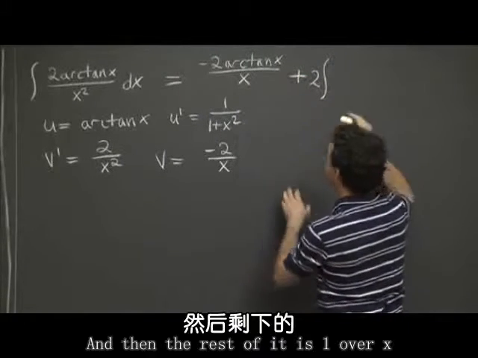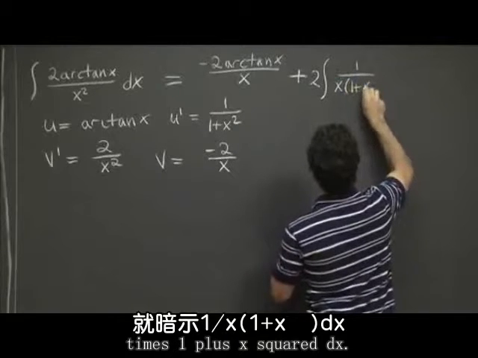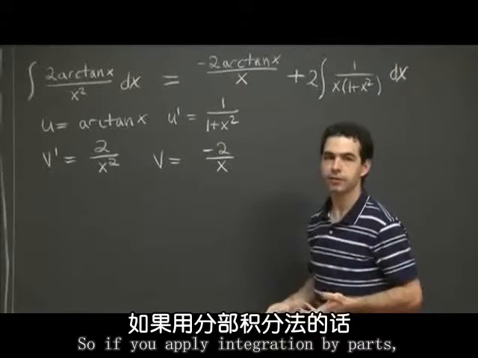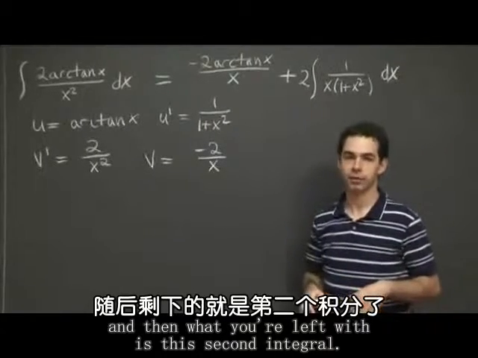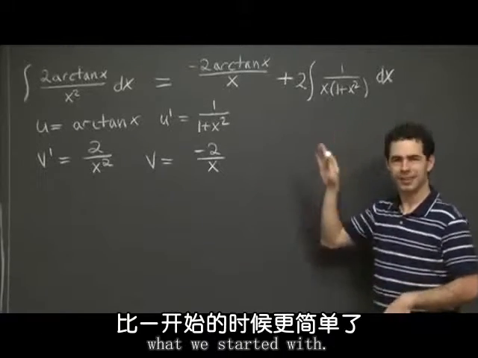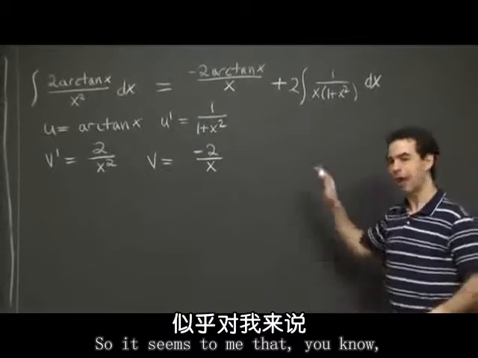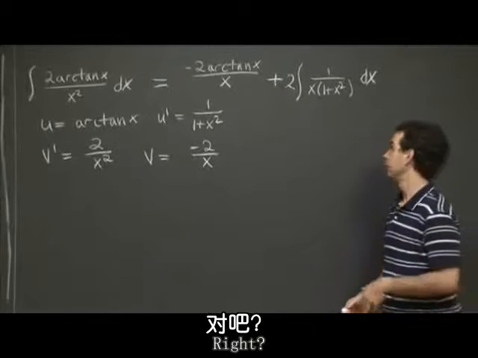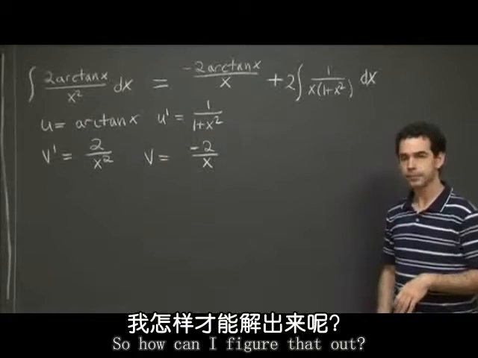And then the rest of it is 1 over x times 1 plus x squared dx. So if you apply integration by parts, you have the uv stuff that gets kicked out front, and then what you're left with is this second integral. Now this is, to me, simpler looking than what we started with. It's still not simple, but it's simpler. So it seems to me that, having reached this stage, we can say, OK, we've made some progress, and now we have to keep going, right? So it's not obvious to me what the antiderivative of this expression should be.